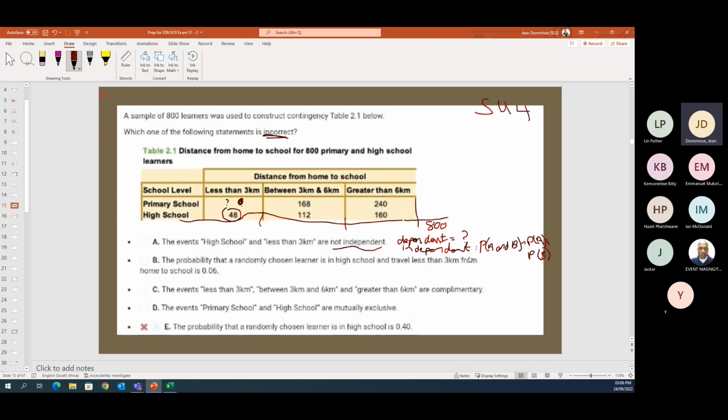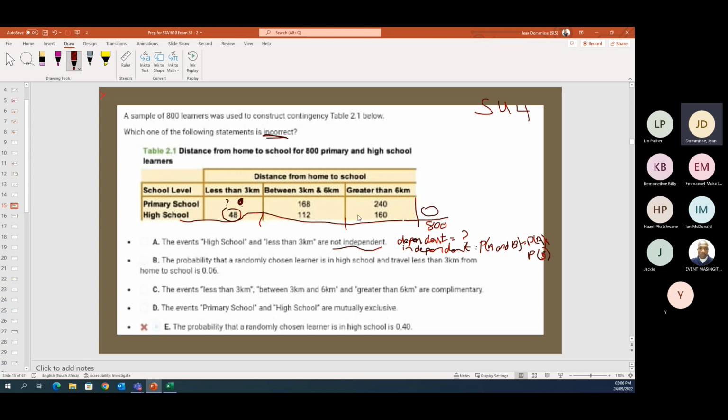If we get that those two are not the same, then we say it is dependent. So let's look at the probability of A.